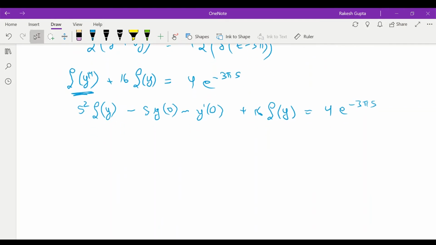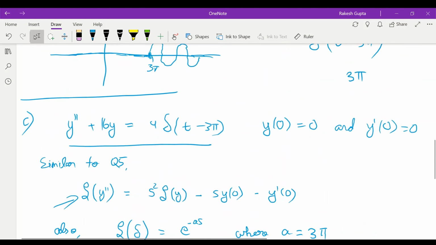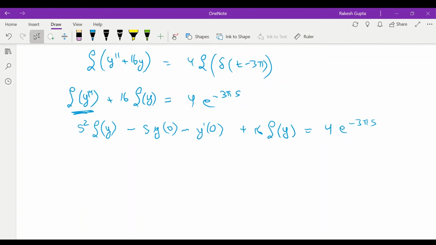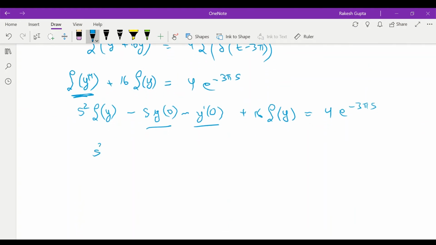Now also, if you see that we have the conditions given in the question, y of 0 is 0 and y dash of 0 is 0. Hence, this term and this term are going to be 0. So we have s square Laplace of y plus 16 Laplace of y is equal to 4 e power minus 3 pi s.